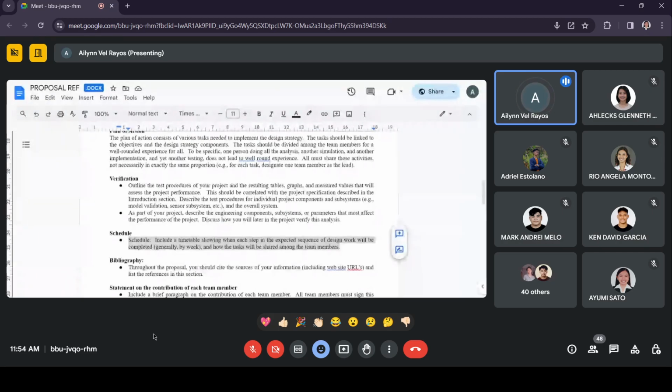So, make sure lang na magbigay kayo ng time for this proposal, for this design project, kasi again, this consists of a large portion of your grade. So although this one will be done by group, pero meron pa rin tayong individual criteria.